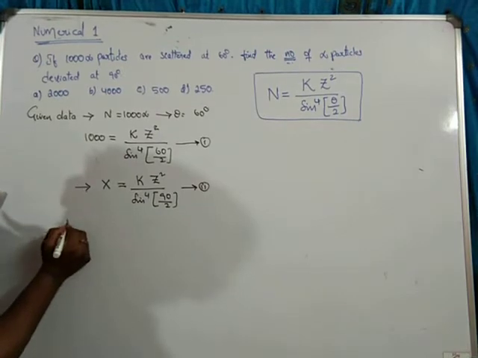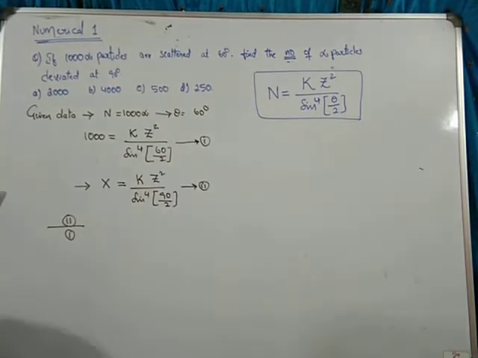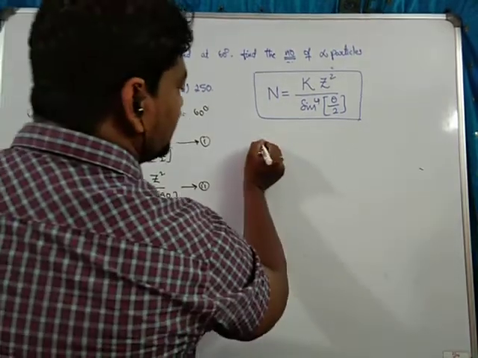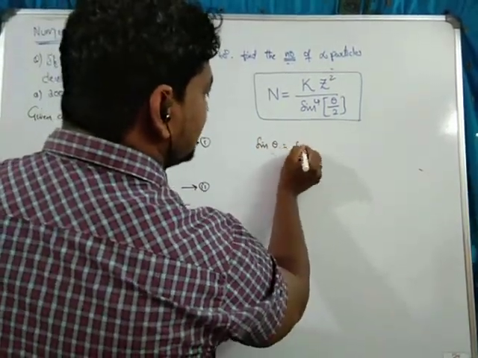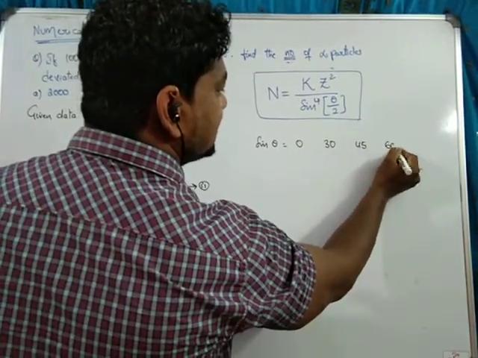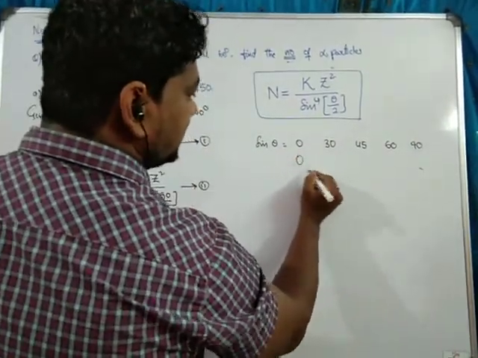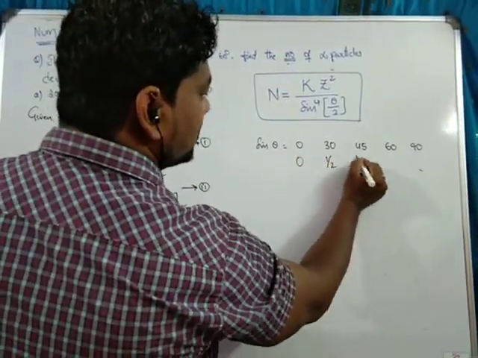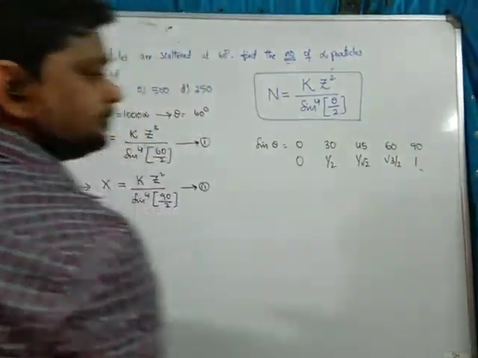Now, equation 2 divided by equation 1. And here we already know the sine values. For sine 0, sine 30, sine 45, sine 60 and sine 90: sine 0 is equal to 0, then 1 by 2, 1 by root 2, root 3 by 2 and 1.